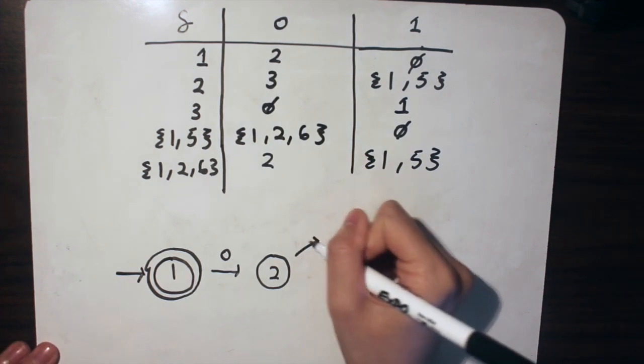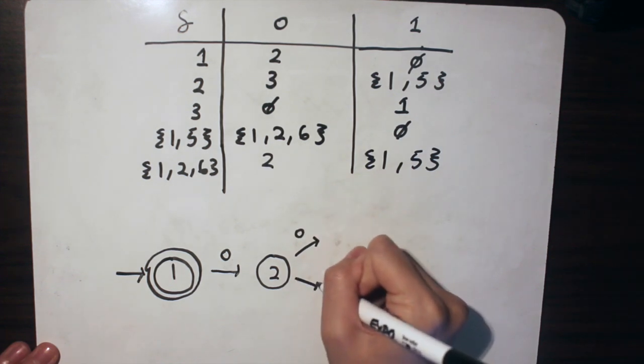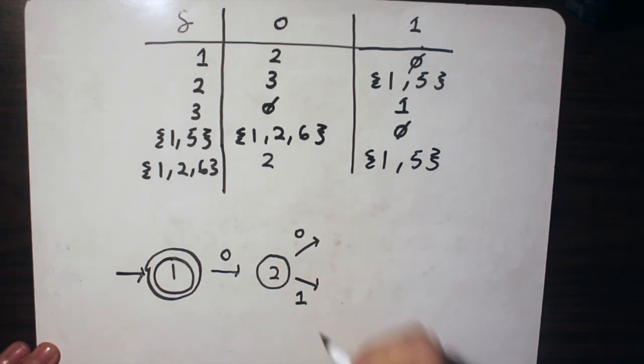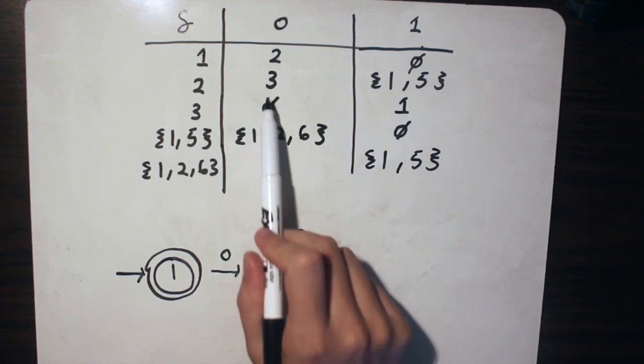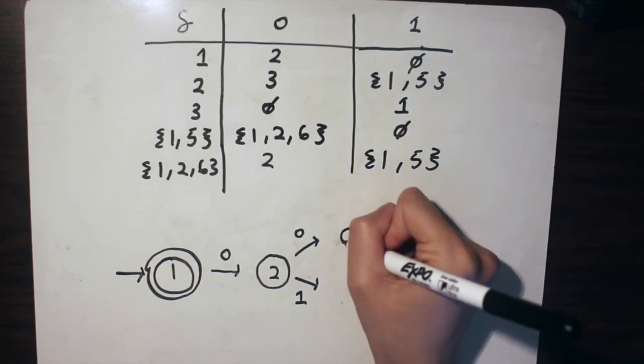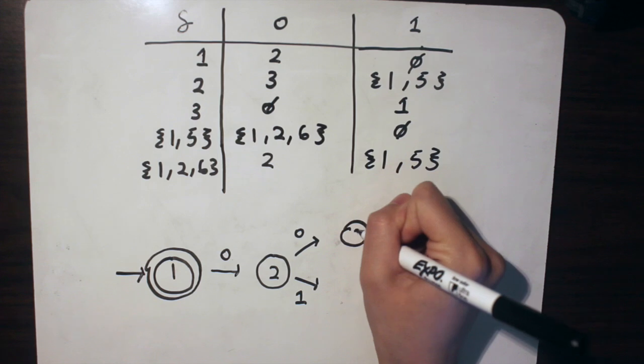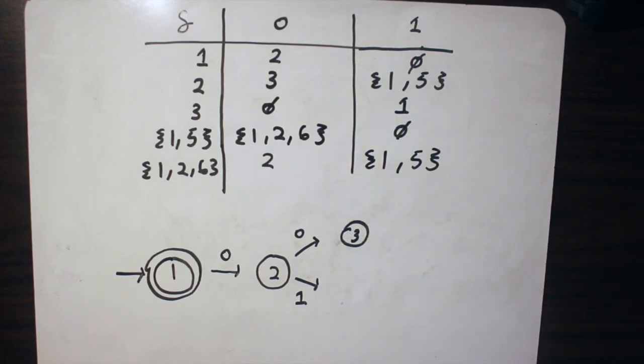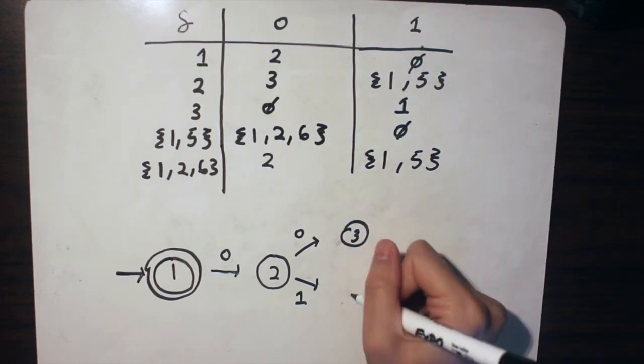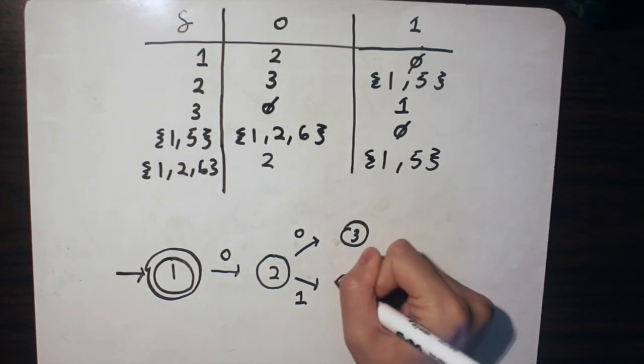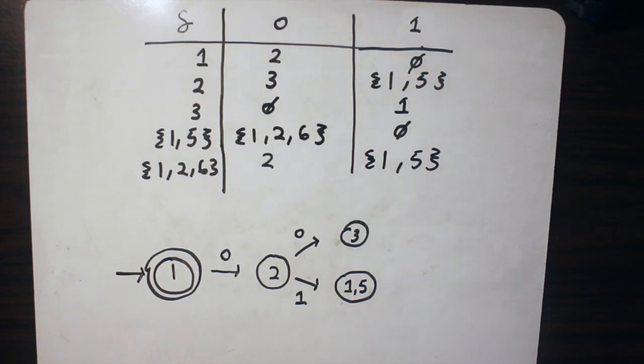So I'm going to draw an arrow for 0 and 1 since we go to a different state for both of those inputs. And on a 0, we go to state 3. And on a 1, we go to state 1 and 5.